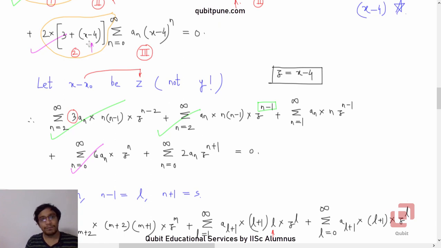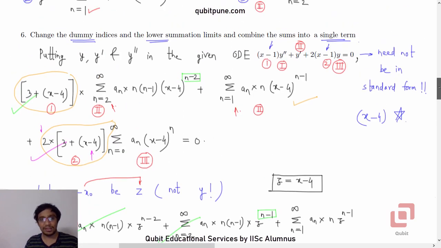Like in the first term we have the power of x minus 4, but let's not forget 2. In the last term that we are going to write, we will not only have 2 accompanying a_n inside the summand, but the power of x minus 4 will now be n plus 1, because of this additional power. So in the z notation it will be z to the power n plus 1. Don't change the right hand side, let it be 0.